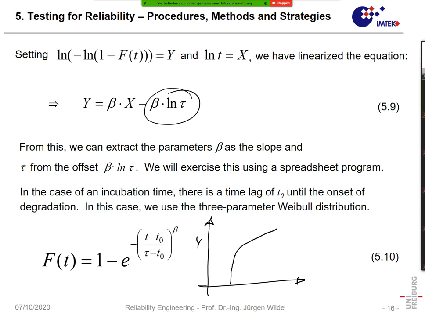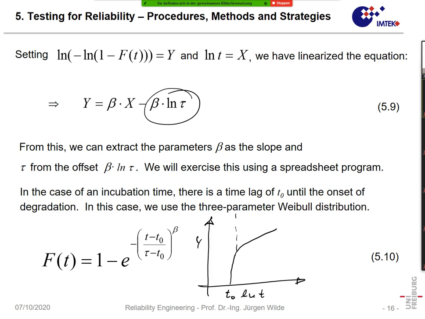Again we have this Weibull parameter, and here we often have an offset, which is t0. That means the complete process of degradation starts only after a certain time. For instance, take the time a car was in operation.